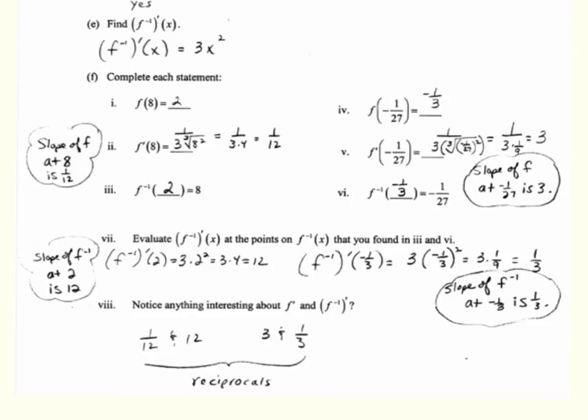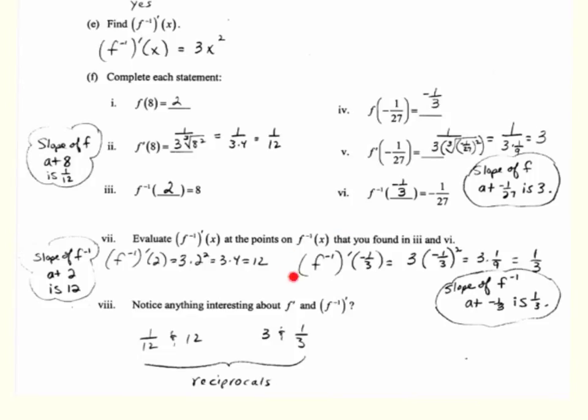The same can be shown here again for the negative 1/27th. Evaluating f prime at negative 1/27th, we get 3. Again, the relationship is that f of negative 1/27th produces a y value of negative 1/3.